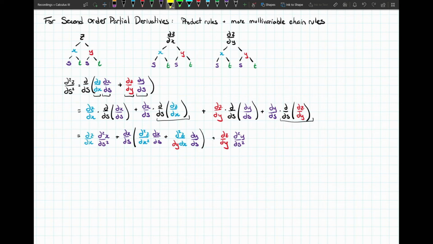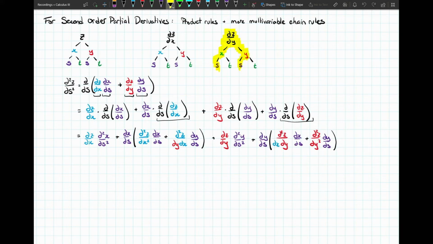Taking a look at differentiating del z by del y with respect to s means we need to take del z by del y, look at the partial derivative with respect to x, and then take a look at the derivative of x with respect to s. And then our second branch, take the del z by del y, partially differentiate with respect to y, and then multiply by del y by del s. Once again, be careful of the order of these partial derivatives.